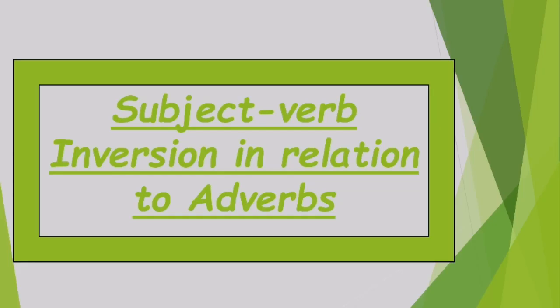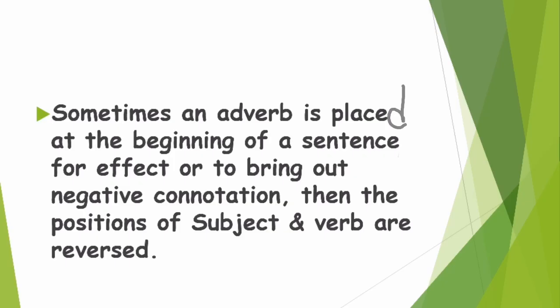Next topic we are having, students, is subject-verb inversion in relation to adverbs. Inversion is like the position being reversed. So how is their position going to be reversed, when will the subject come and when will the verb come? Let's see. Sometimes an adverb is placed at the beginning of a sentence for effect or to bring out negative connotation.